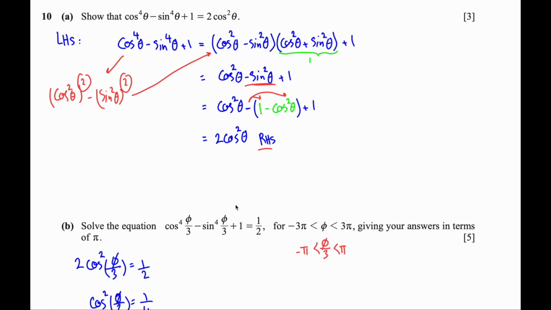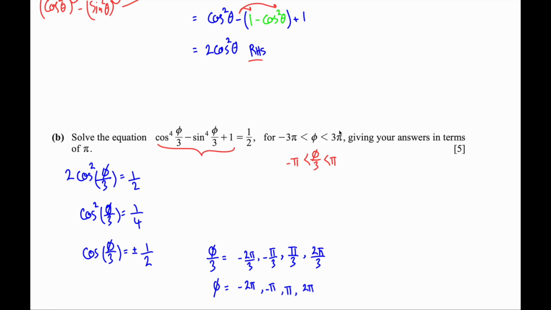So therefore, the left hand side, instead of this expression, I can replace it with its equivalent value, the right hand side, which is 2 cosine squared phi over 3. I'm given the domain for phi. So in order to make life easier, I'm going to make my domain look exactly like my argument, the argument of my trigonometric function. So I'm going to divide everything by 3. So therefore, phi over 3 is between negative pi and pi.